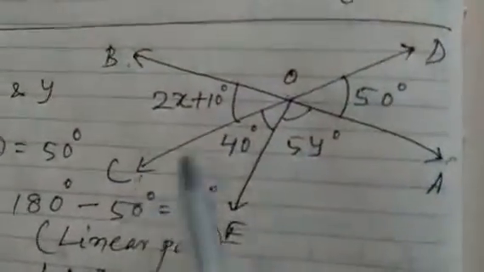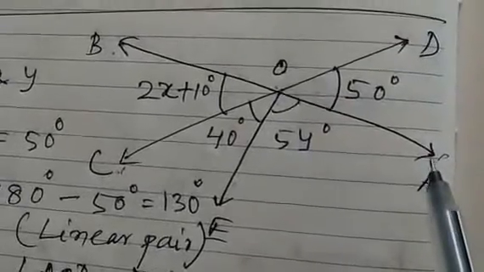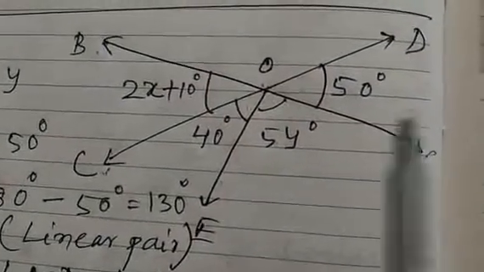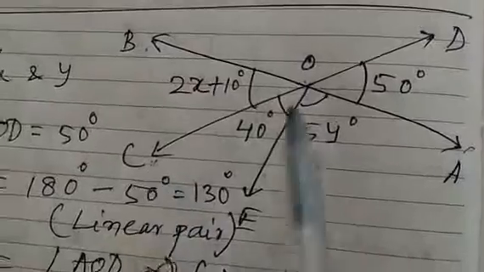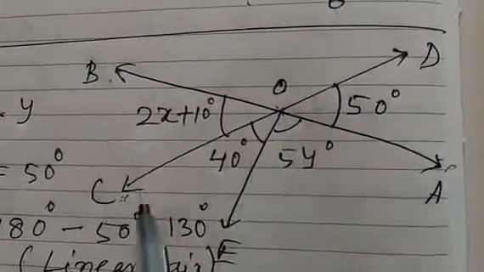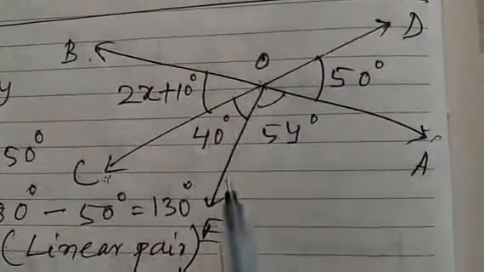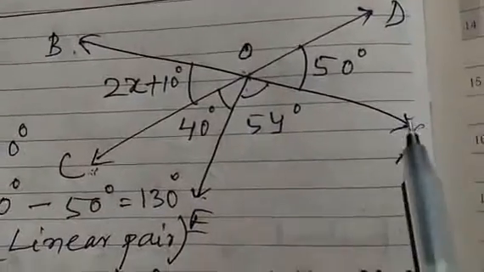Similarly, angle BOD is equal to angle COA, vertically opposite angles again. Look here, angle COA comprises two angles, angle COE and angle EOA.